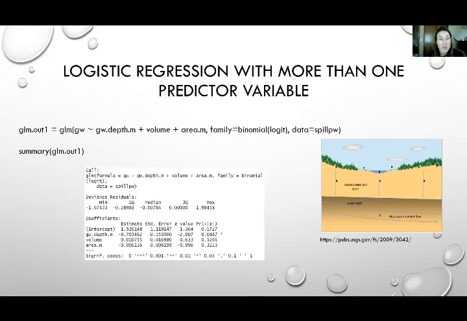But one thing I want to point out here is that because we've added all of these different predictor variables to our model, it gives us less power to be able to distinguish a difference. You can see that the intercept value here is not significant.